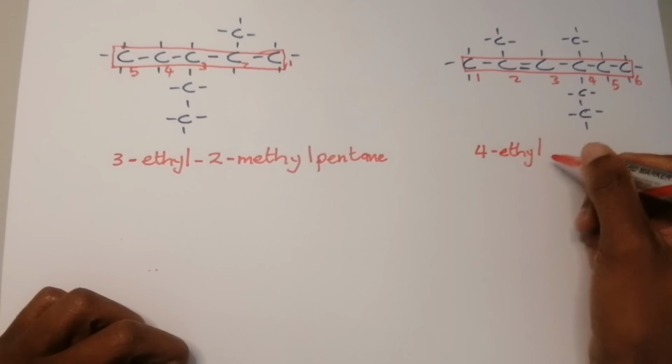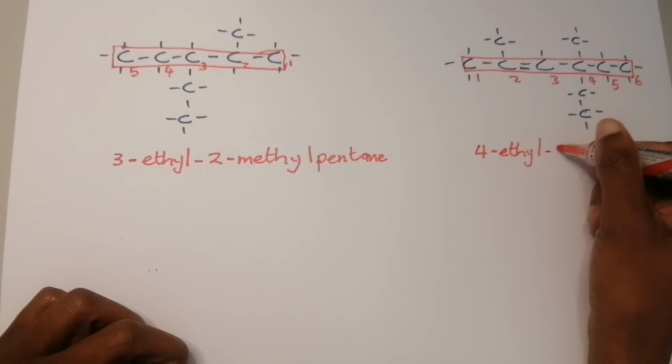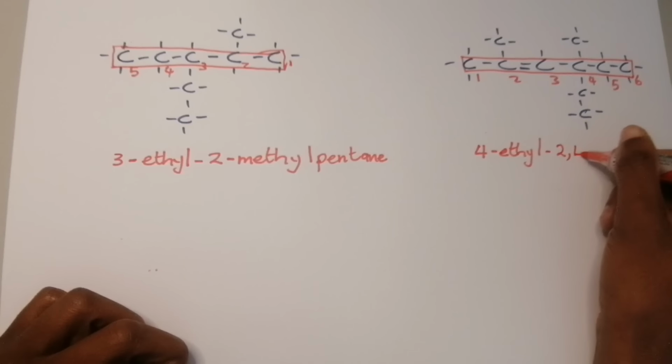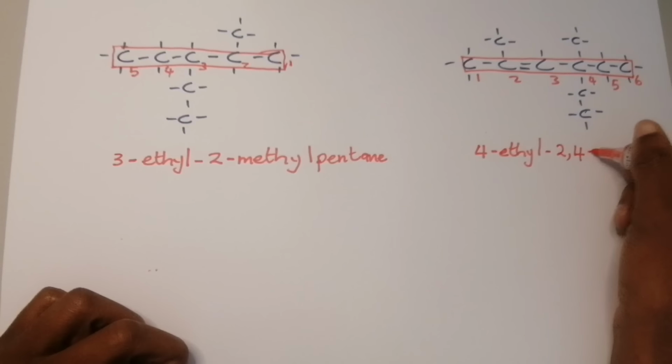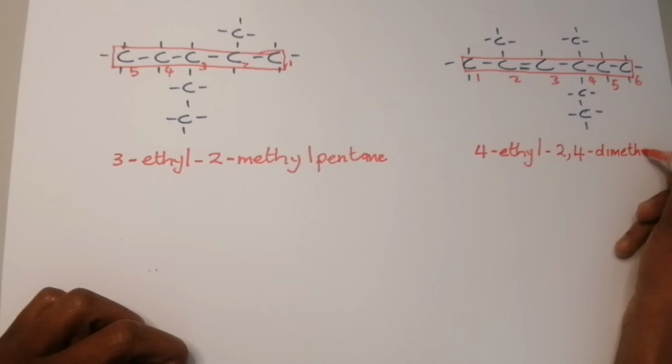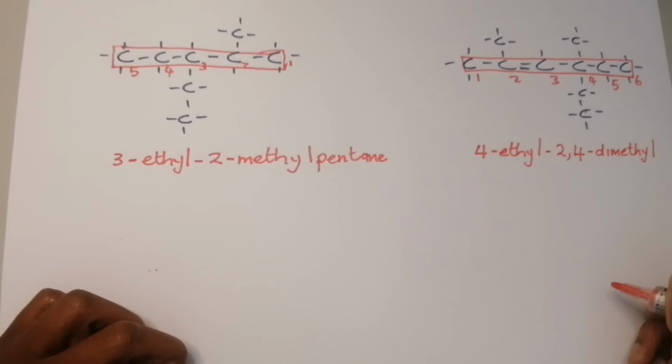Right, so that's at carbon number 4, I've got an ethyl. At carbon number 2, at carbon number 4, I've got, remember 2, 4, that's dimethyl. Oops, I'm going to run out of space there. All right, sorry. Please, it's one word, right? But it's because I've just run out of space there.